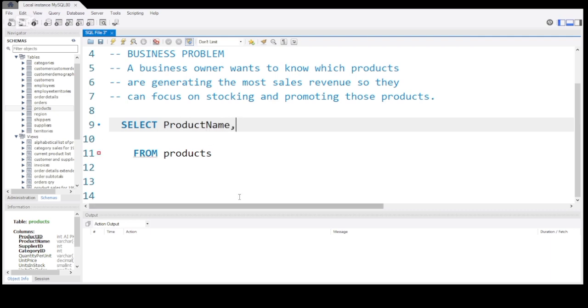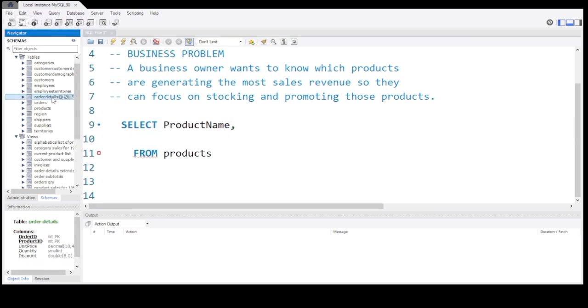And that's not all, because we are still going to get the prices at which each product was sold, and we can't get that here. It is in our order details table. So we're going to be having another one.